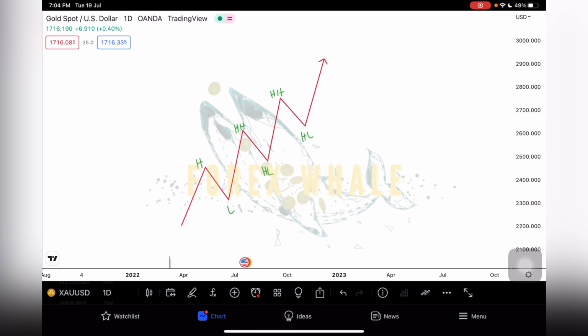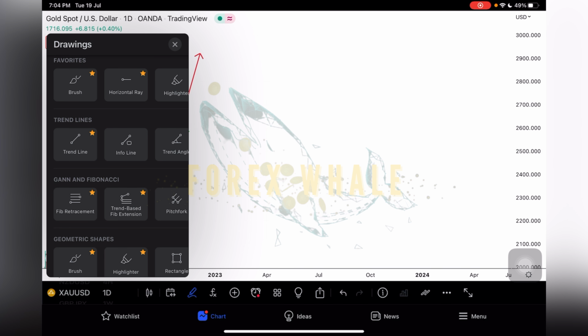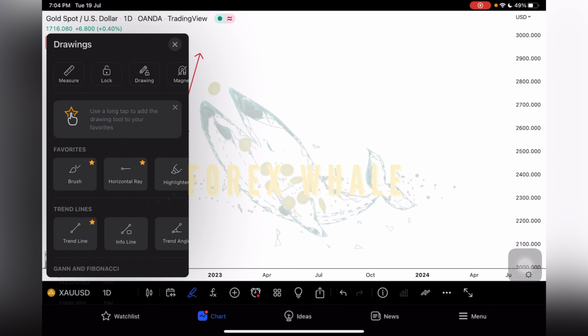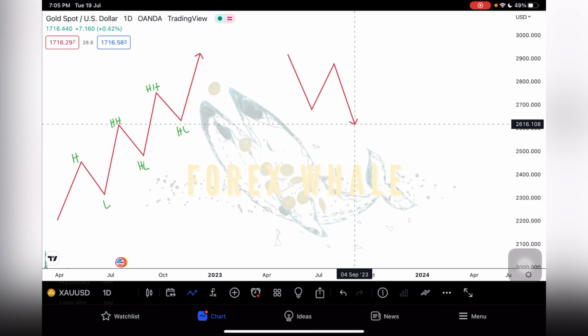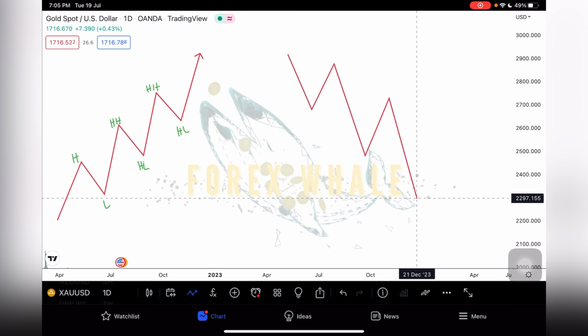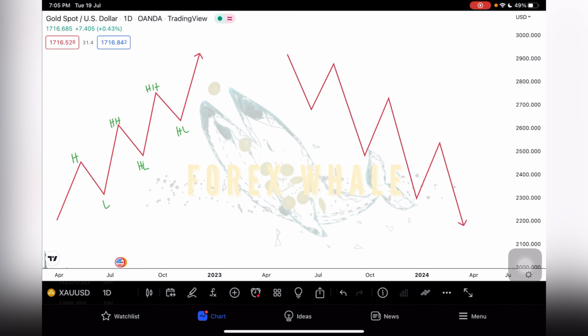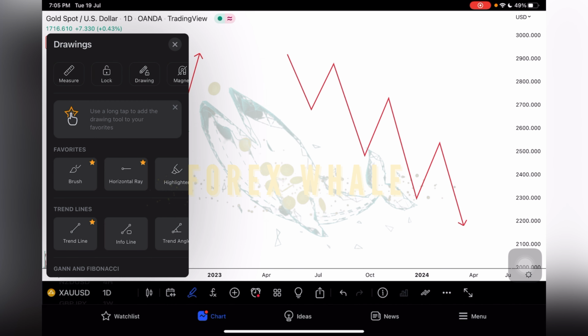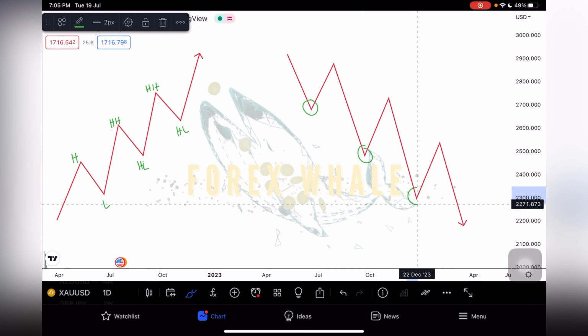Alright, so how does a downtrend look? Here's how a downtrend would look. Again, I'll use the same tool. You have your low, lower high, lower low, lower high, lower low, lower high, lower low. Same thing. You see that there's always that creation of a new low.